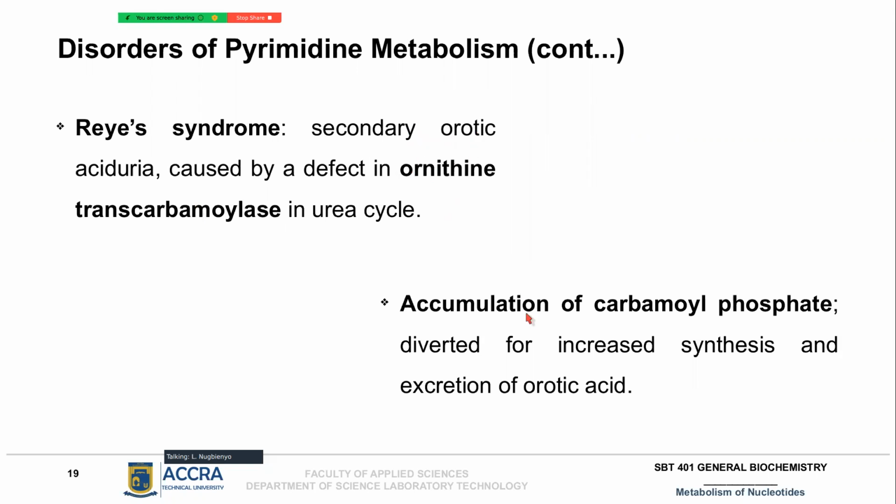So you have an accumulation of carbamyl phosphate, which would then go into the direction of increased synthesis, and then of course excretion of orotic acid, to increase in the blood serum and be secreted in elevated amounts in urine.